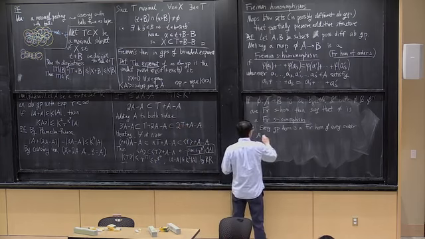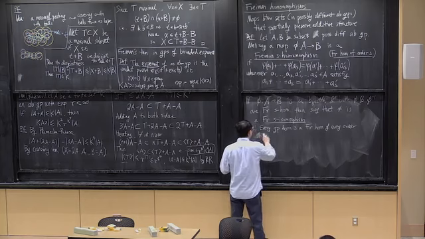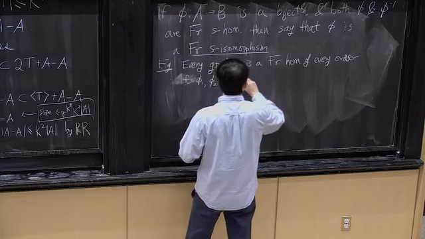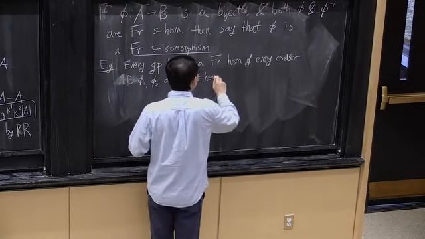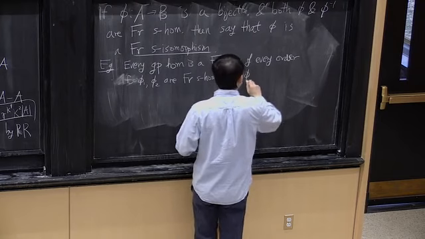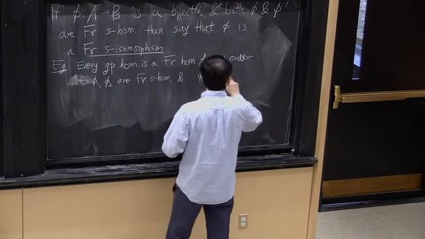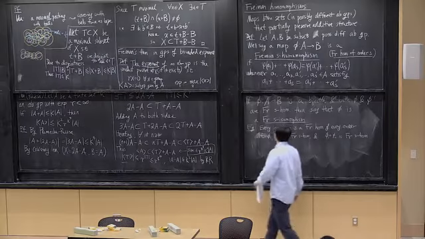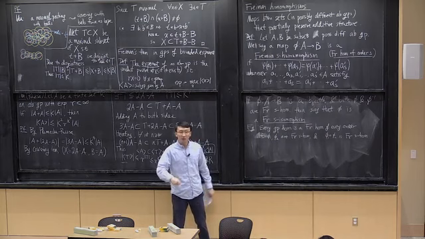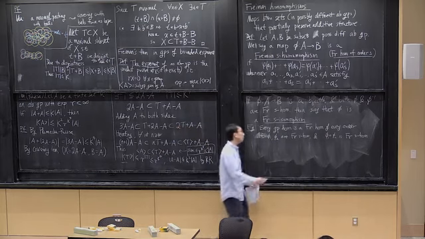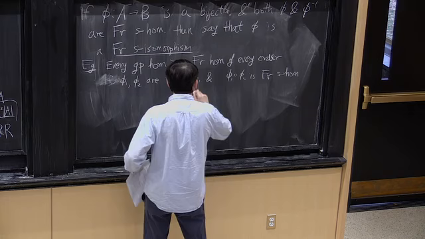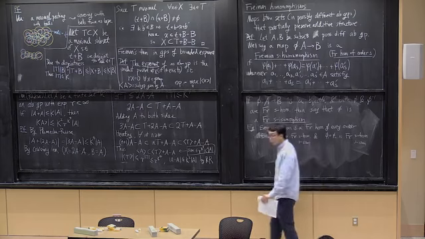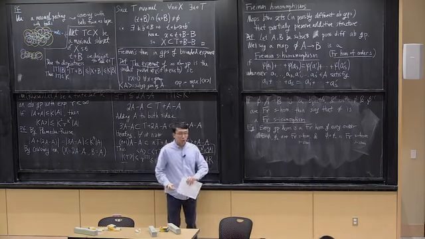A composition: if phi1 and phi2 are Freiman S homomorphisms, then phi1 composed with phi2 is a Freiman S homomorphism. So compositions preserve this property, and likewise, if you have isomorphisms instead of homomorphisms, that's also true. These are straightforward things to check.